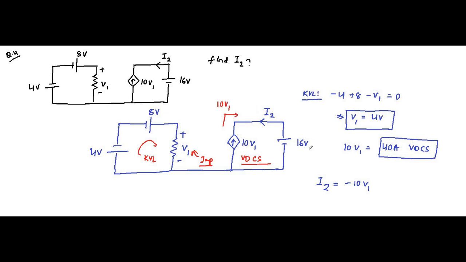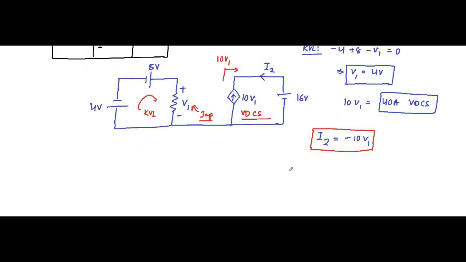So of course I2 will be minus 10 V1. That implies I2 is equal to minus 40 ampere, because 10 V1 is equal to 40 ampere, we got the voltage dependent current value. So I2 is equal to minus 40 ampere.